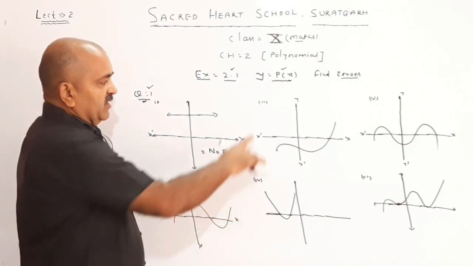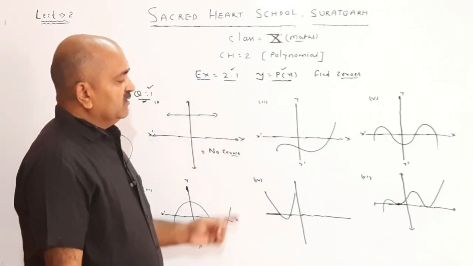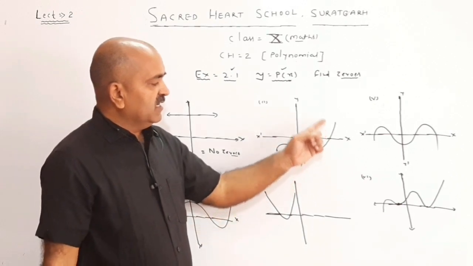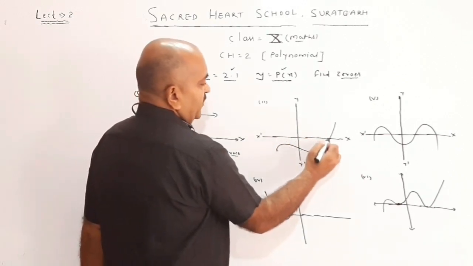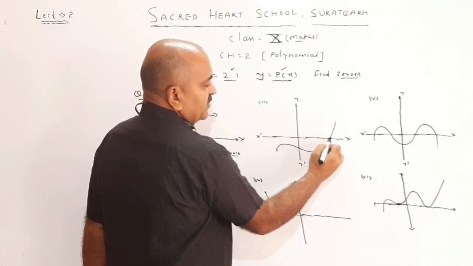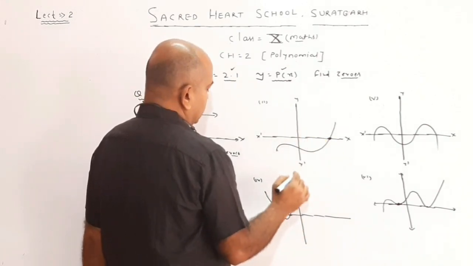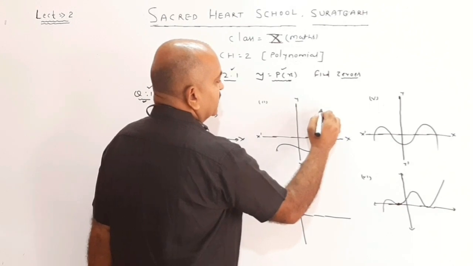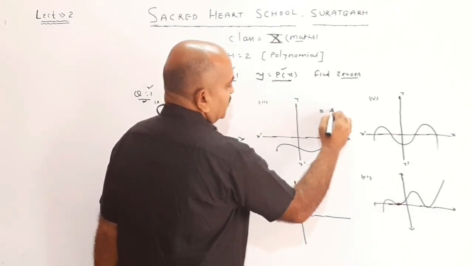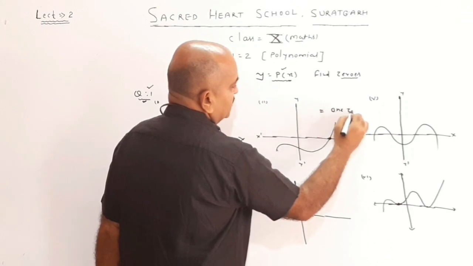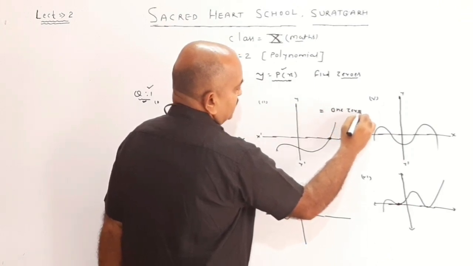And students, in the second part now, this graph intersects the x-axis. How many points? 1 point. So how many zeros of this polynomial? 1 zero.